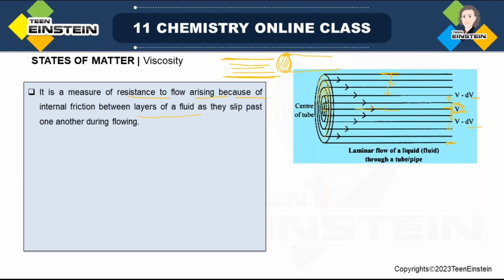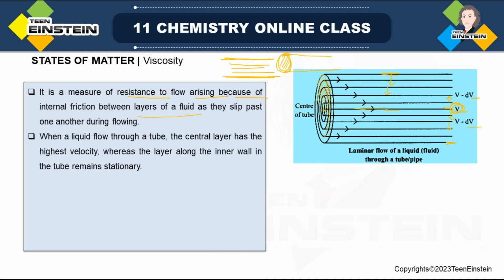But as you move towards the wall, because of this viscosity, resistance gradually increases due to internal friction between the layers of a fluid. They slip past one another during flow. Fine. So it is a measure of resistance to flow arising because of internal friction between layers of a fluid as they slip past one another during flowing.